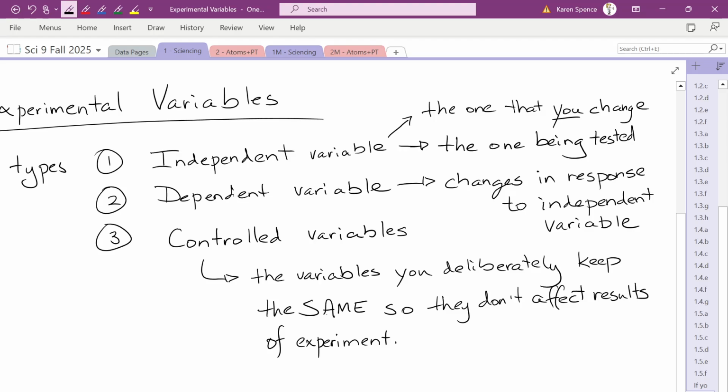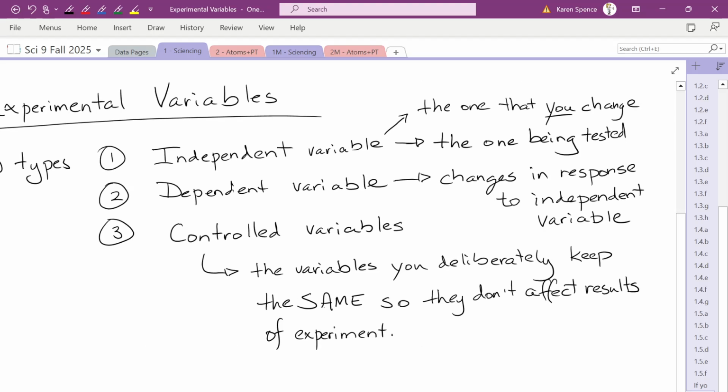So those are our three types of variables. And if you have an independent variable, a dependent variable, and you control all the rest of them, then you have what we call a controlled experiment.